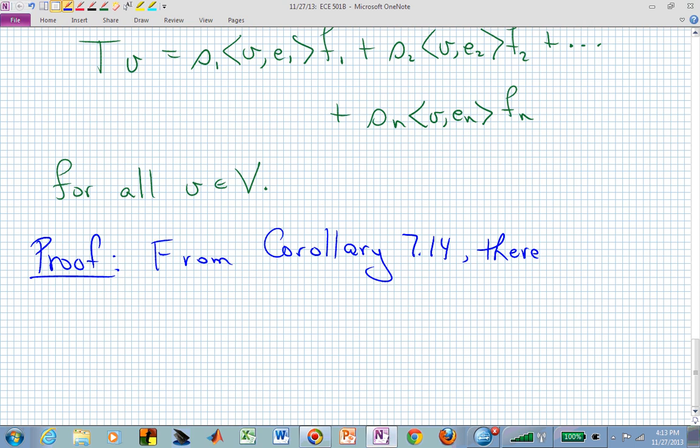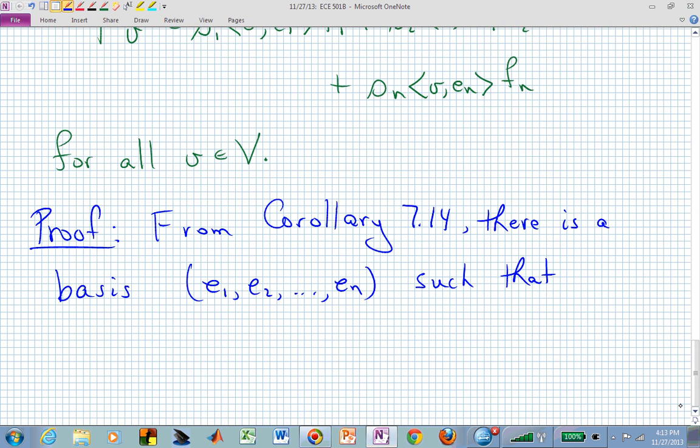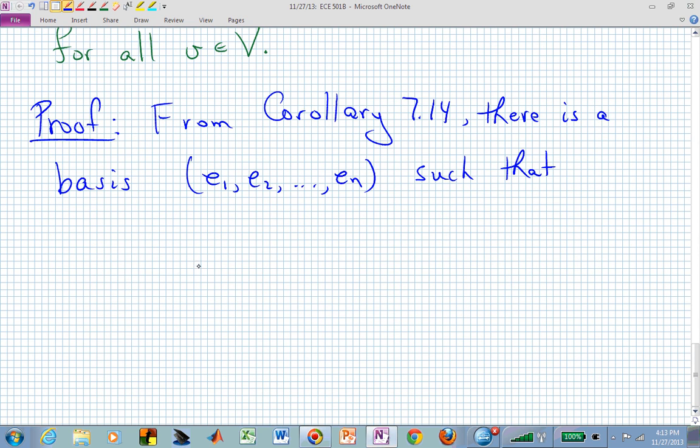From corollary 714, there is a basis, say E1, E2, E sub n, such that we can find the eigenvalues and eigenvectors associated with the positive square root of T dagger T.